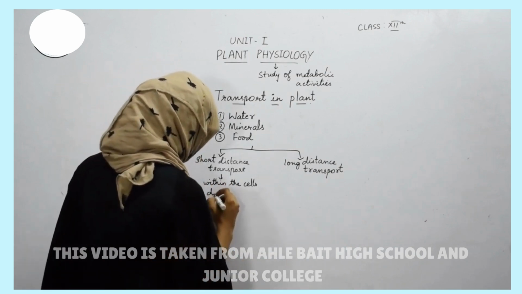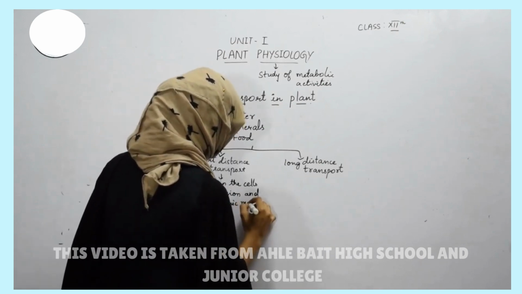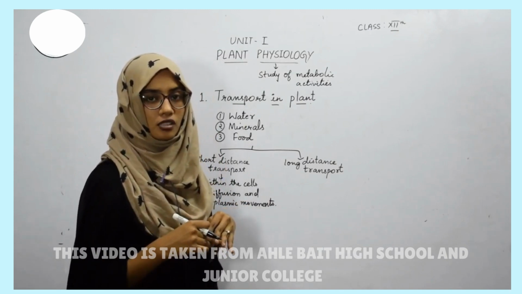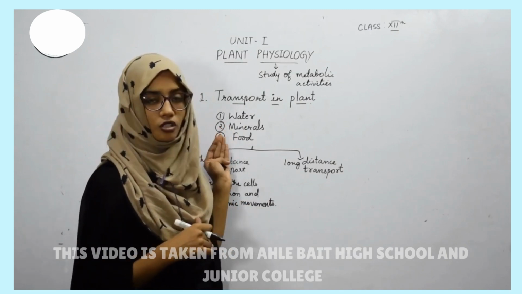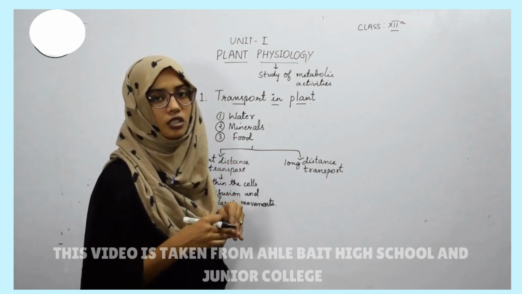Materials like water, minerals and food are transported over the shorter distance by processes like diffusion and cytoplasmic movements. The circular movements of the cytoplasm make the materials be transported over a shorter distance within a plant body.